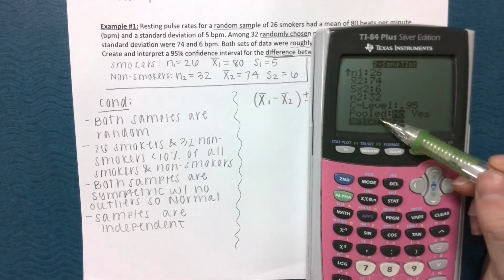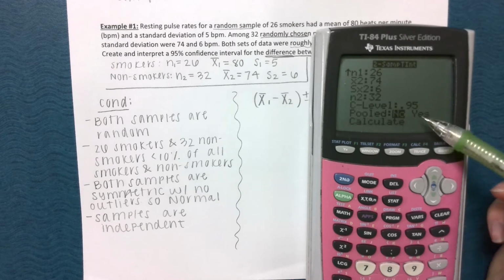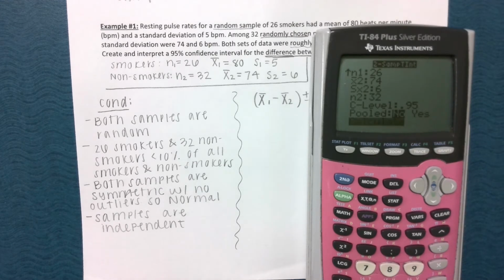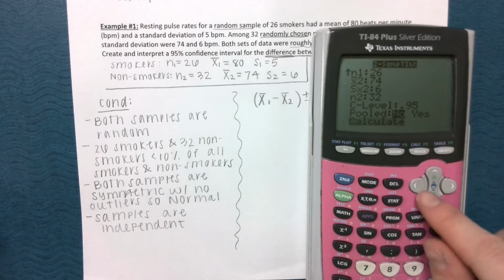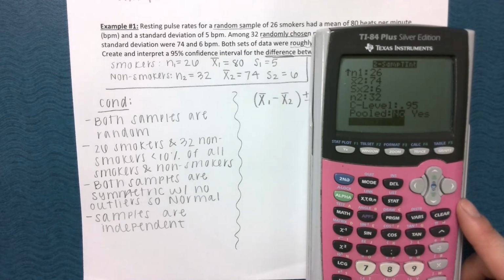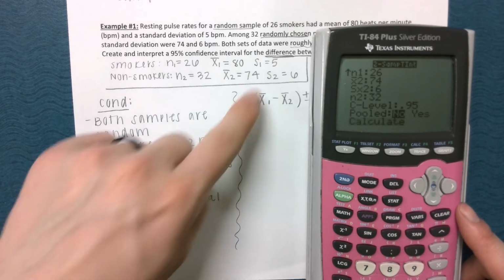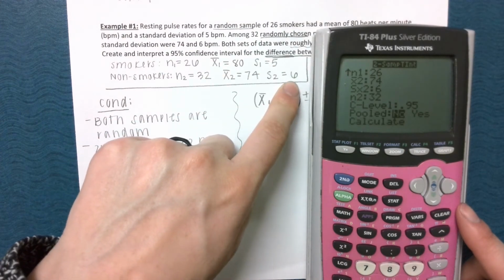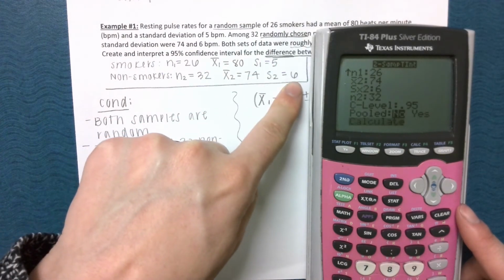You will see on this interval it's asking for pooled, yes or no. We pooled for our proportions, but we will never pool for means. We are never, ever, ever going to pool for means, so always keep that as no. You would only pool if you believed that your standard deviations were the same. We clearly can tell that they are not the same.